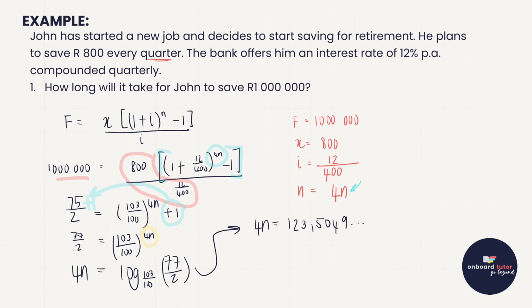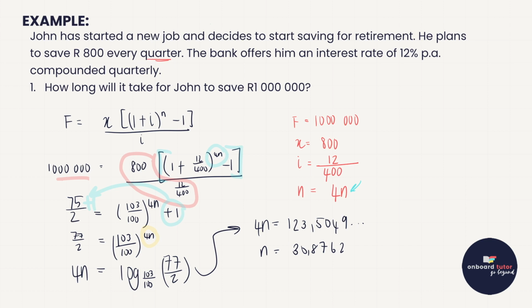We get 4n is equal to 123,5049... Remember, we don't round off because we're not finished yet. We still need to divide both sides by the 4. So we get n equal to 30,8762.